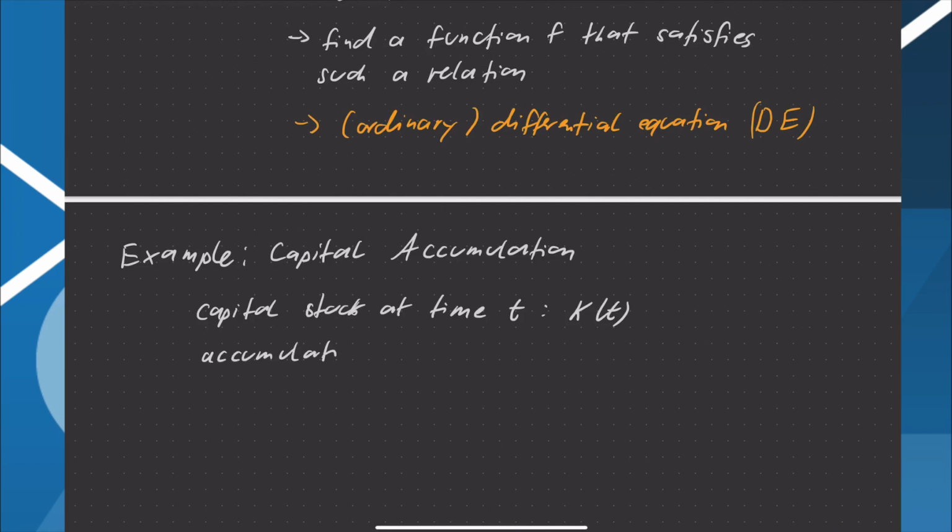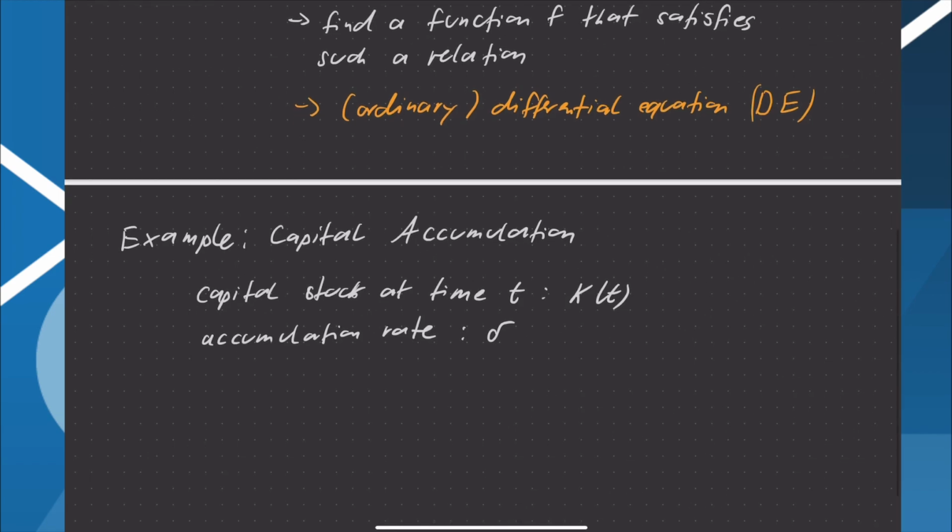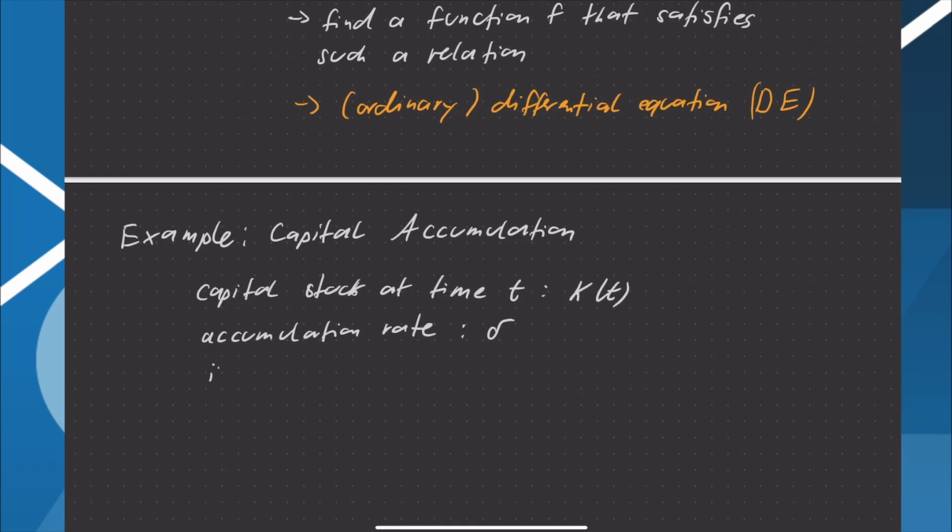That's the rate of change of that capital stock over time. Usually that's interest or inflation or something like that. We'll call that delta. That's just a real number. And then we have the option to make investments. So the investment at time t, this will be denoted as I of t.